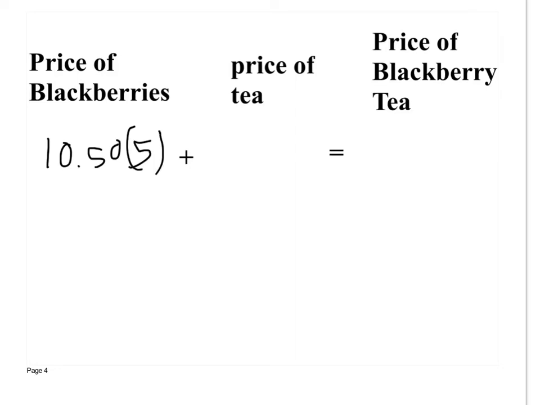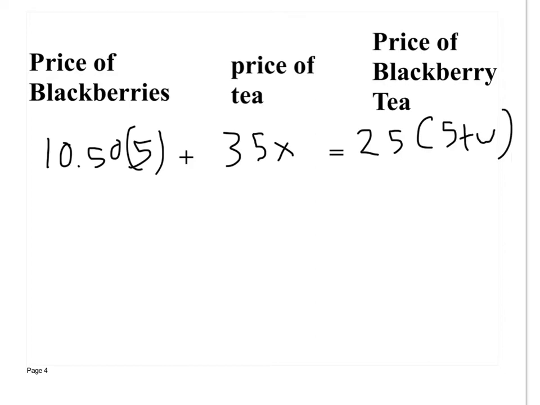What is my price of tea on the table? 35x. And when you add these, this will give you the price of the blackberry tea, which we found is 25 times (5 plus x).